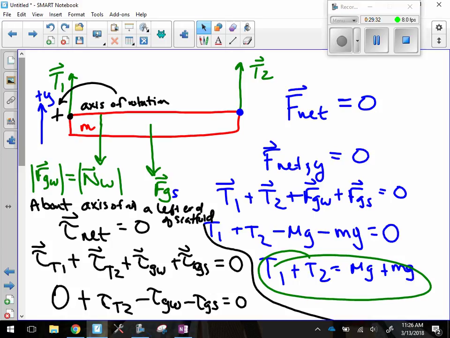T1. So did I actually need to do any of this? No, I could have just applied tau net equals 0 twice in 2 different places and never done anything with F net. Now this was somewhat simplified because I only had 2 unknowns, but we'll do a problem tomorrow that'll be a little more complicated.